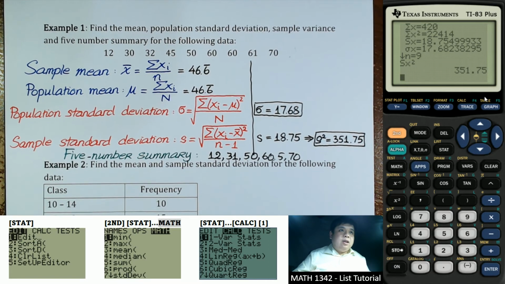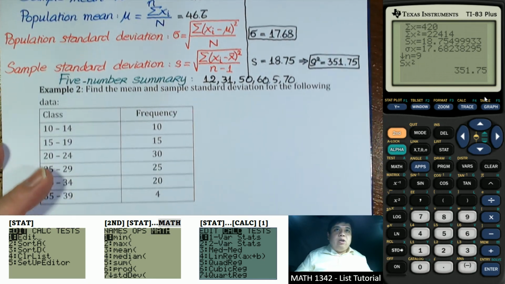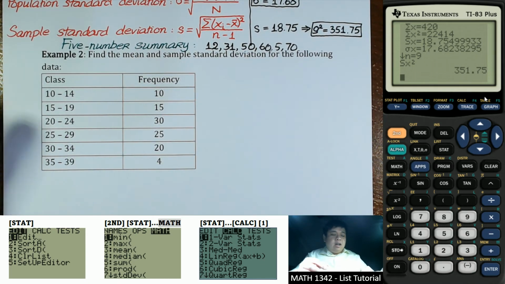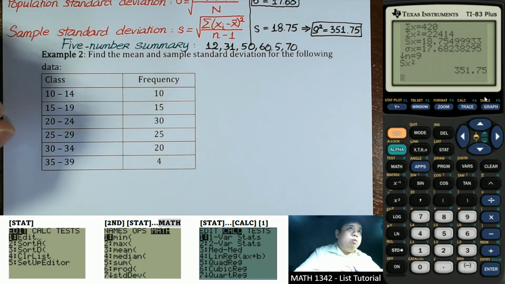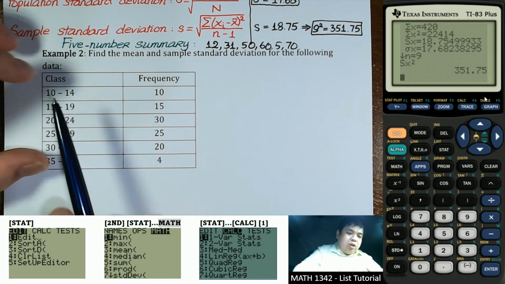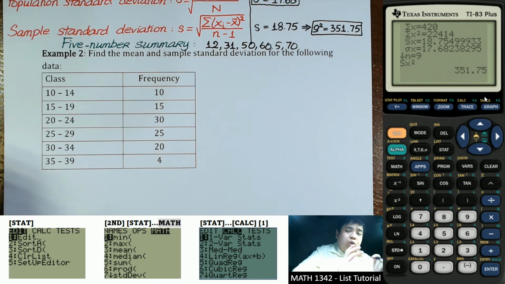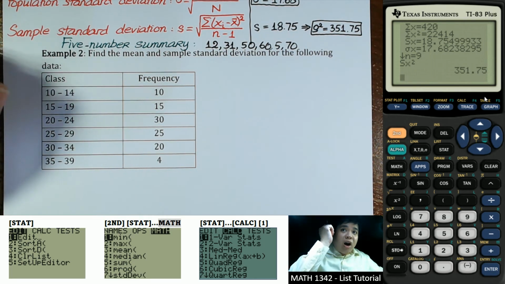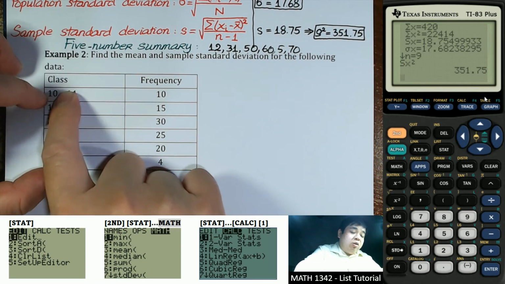Now let's go to the second example. In our second example, we have grouped data here. So I have the class from 10 to 14. By the way, let's assume the data is continuous data. So if we have 14.99999, it will be in the first class.